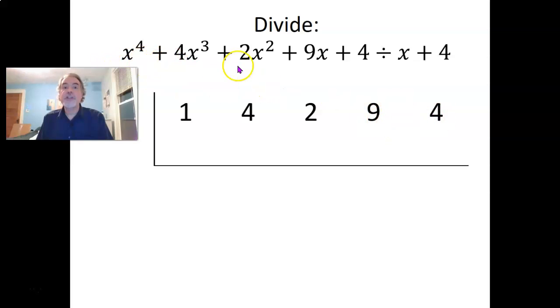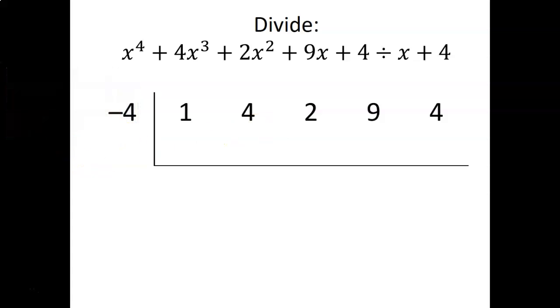Those are the coefficients of my dividend, my big polynomial that I'm starting with. And then remember how when we divided by x minus 2 and we just put the positive number 2 out in front? Here we're dividing by x plus 4, so the number out in front is negative 4.